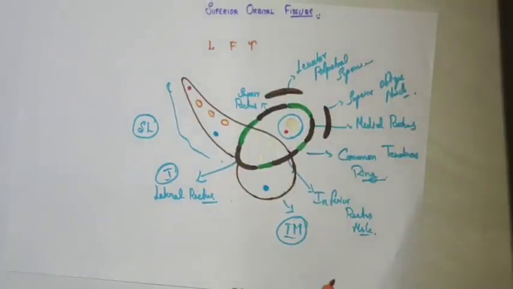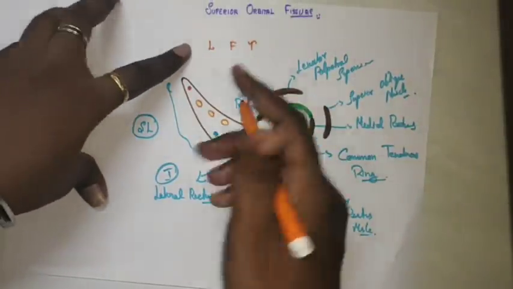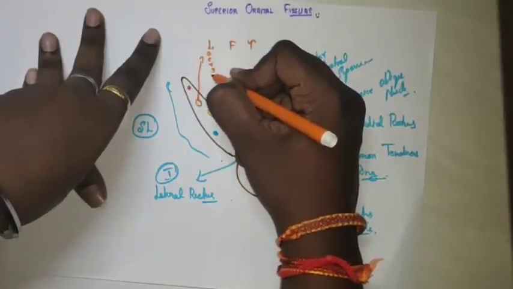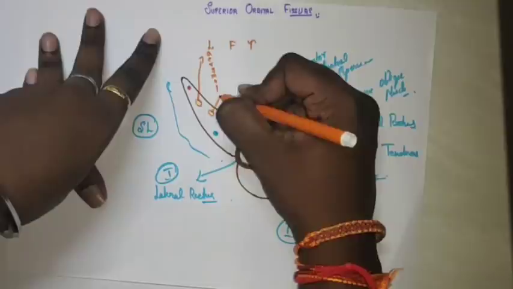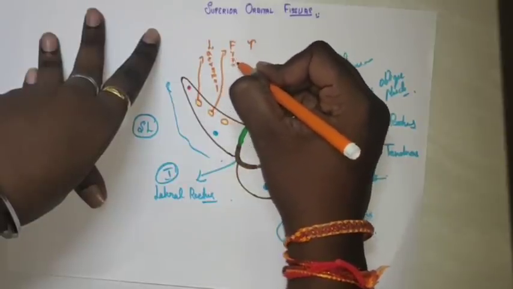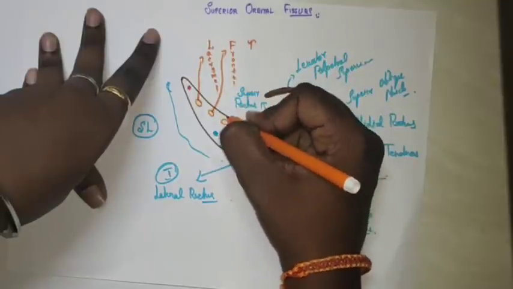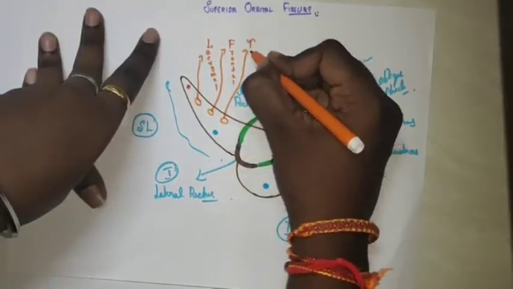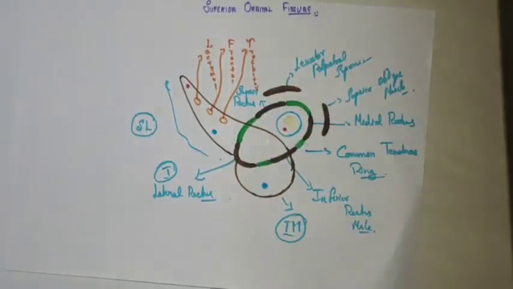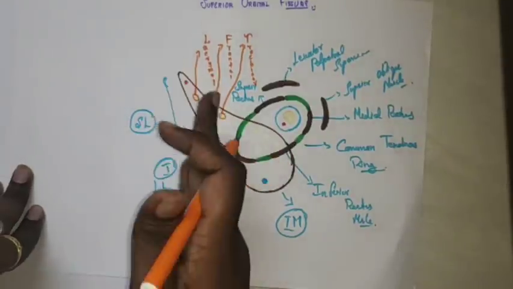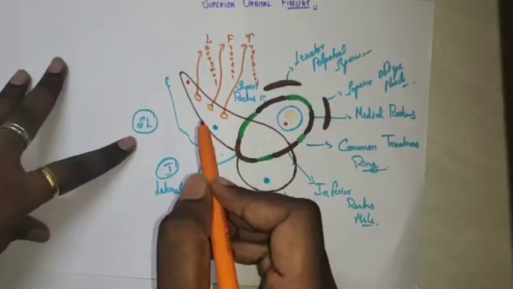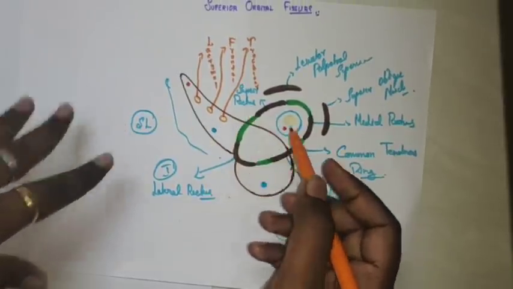LFT we know as liver function test, but here LFT stands for lacrimal nerve, frontal nerve, and the T denotes trochlear nerve. So 3 nerves as lacrimal nerve L, frontal nerve as F, and trochlear nerve as T.